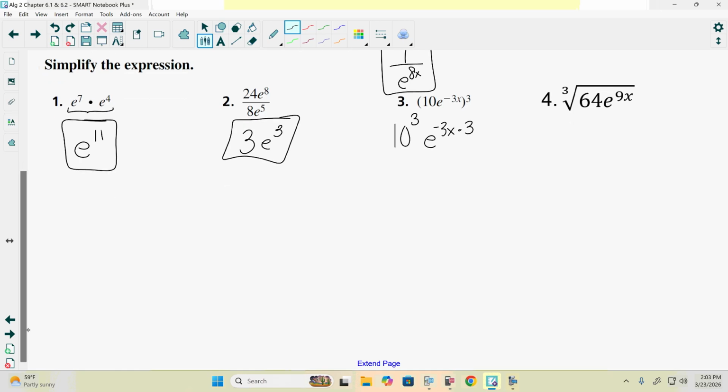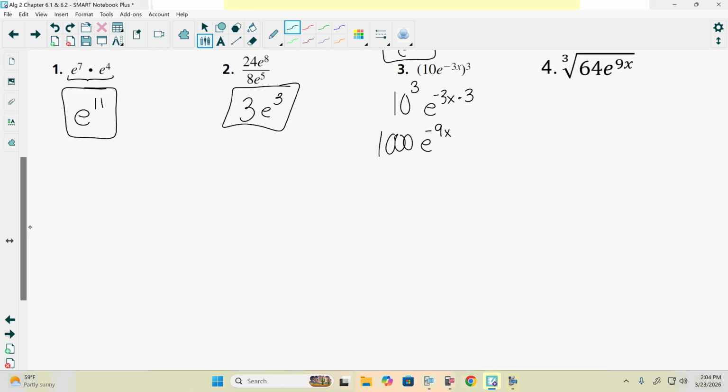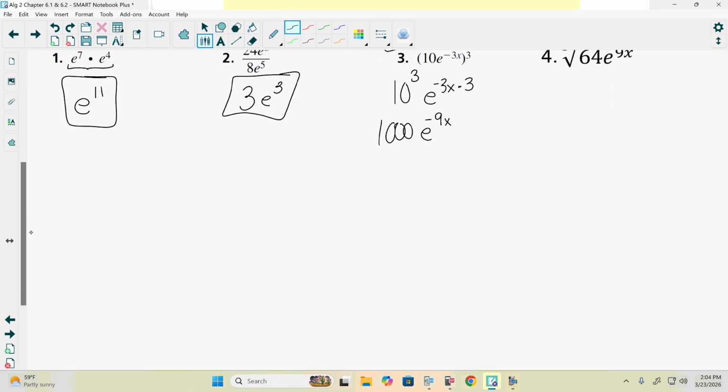Now 10 to the third is 1,000. E, so our negative 3x times 3 is going to be negative 9x. And lastly, to make that exponent positive, we've got to move it from the top of the fraction to the bottom.